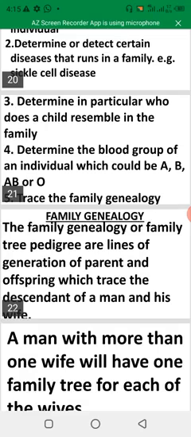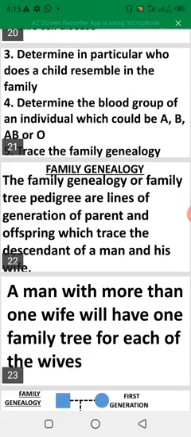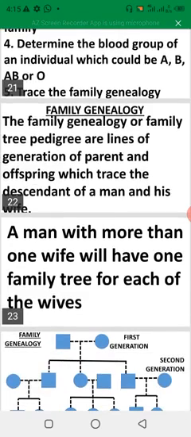What is family genealogy? Family genealogy is the lines of generations of parents and offspring which trace the descendants of a man and his wife, where the father comes from and where the mother comes from.